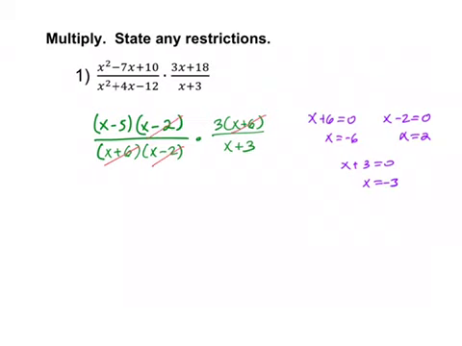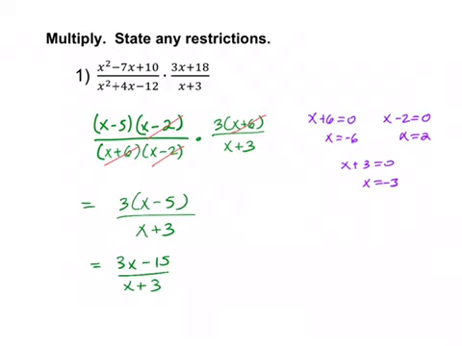So this is the same as 3 times x minus 5 divided by x plus 3. We can distribute that 3, so this is 3x minus 15 divided by x plus 3. And that's it. I cannot simplify anything else right there. So where x cannot equal 2, negative 6, negative 3, or 2. And that's it for this exercise.